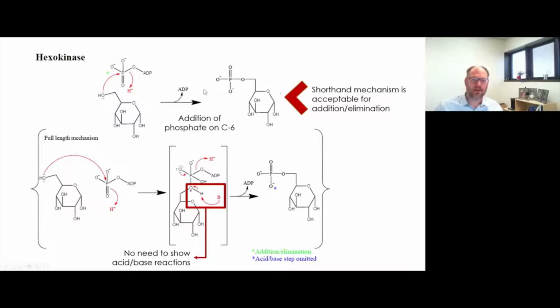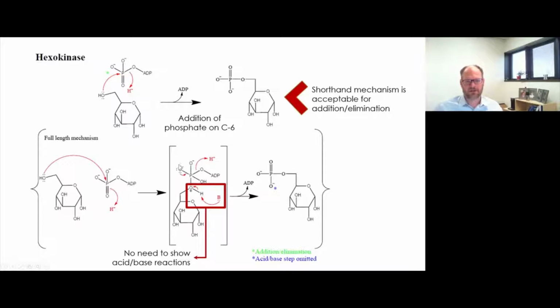Now, if you are familiar with your organic chemistry, you'll see that I've skipped a couple of steps in how we draw this. Normally, if we were to draw this out via the full addition-elimination mechanism shown in organic chemistry, you would show the nucleophilic attack of the hydroxyl on this phosphate, which results in this intermediate structure here, where the ADP and the oxygen are still bound.